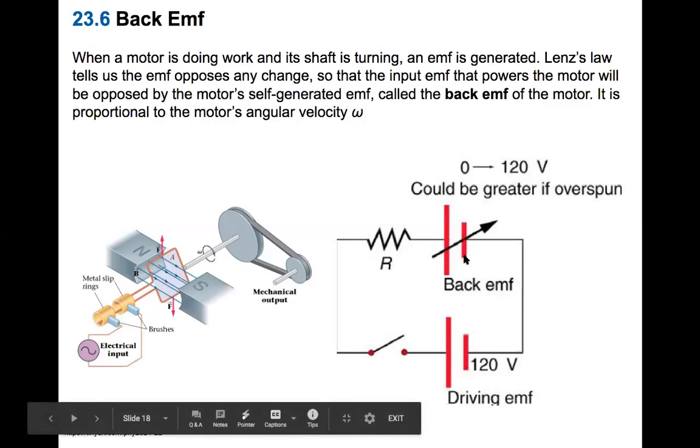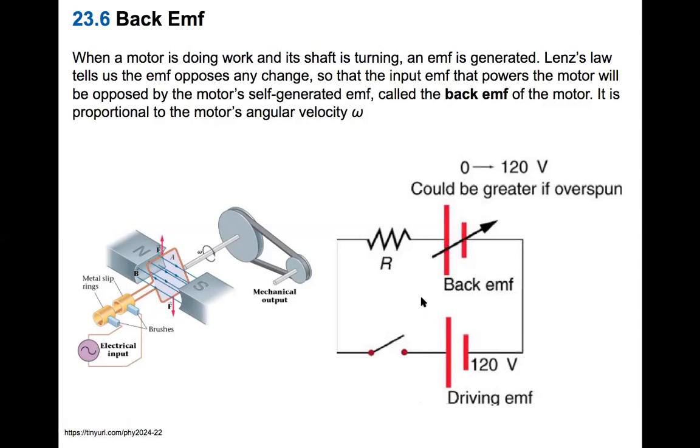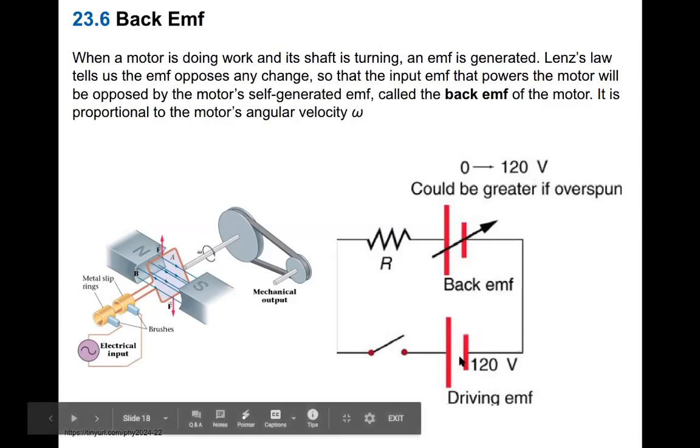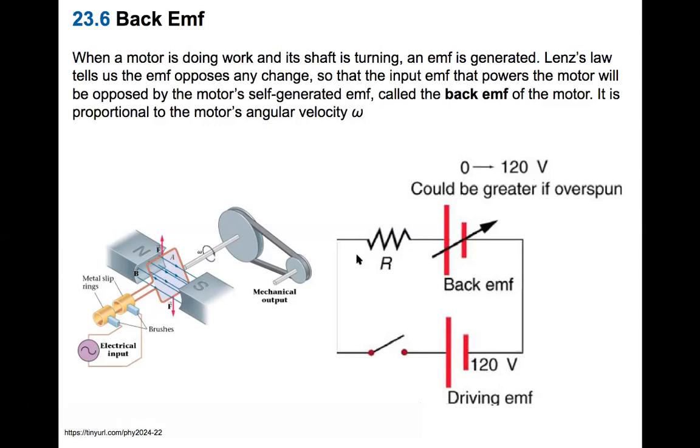So if you are supplying 120 volts, because of the back EMF, the current going through the circuit could be smaller. The back EMF could be anything between 0 and the input voltage. Say the back EMF is 100 volts, then the voltage across the circuit should be just 20, so less power is consumed by the circuit itself.